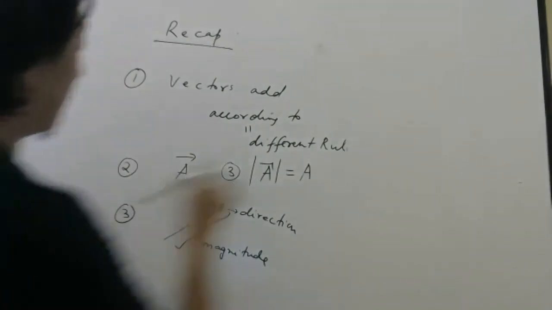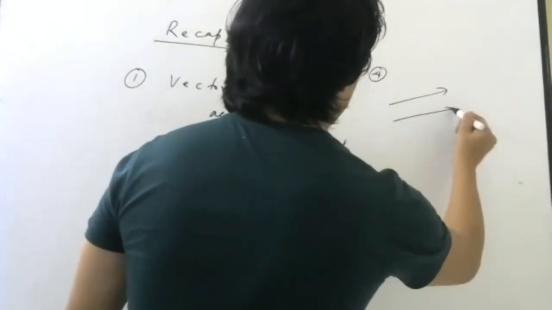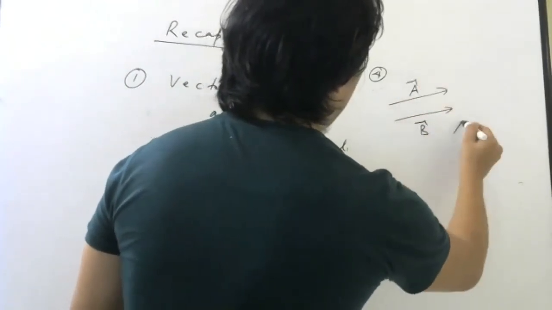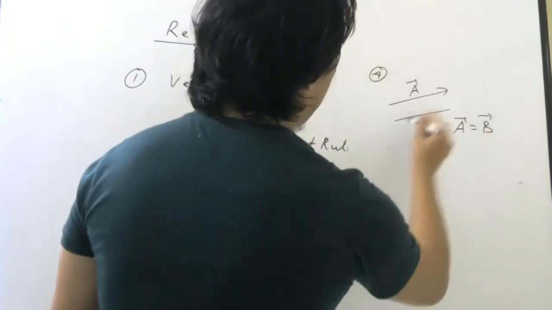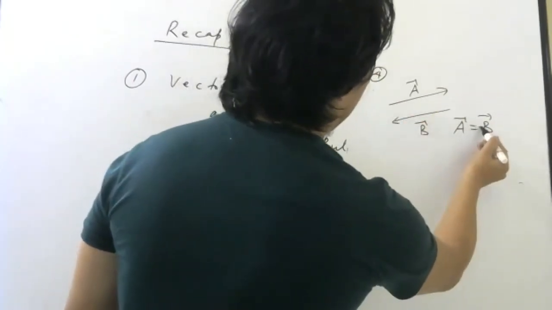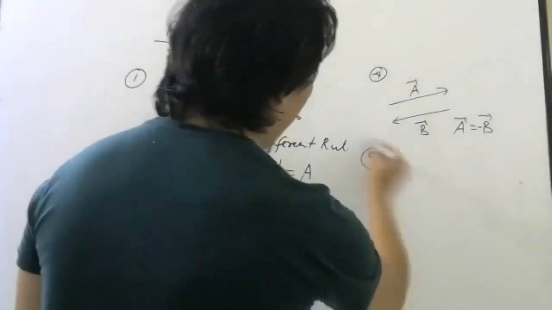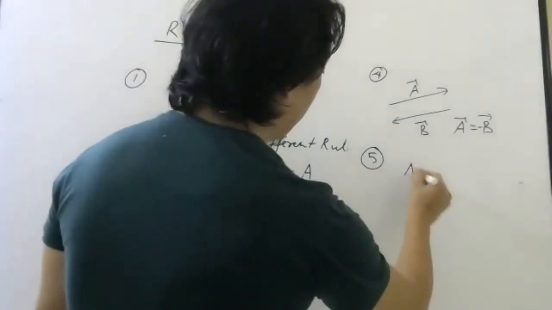And if two vectors are in the same direction and they have the same magnitude, we call them equal vectors. And if the arrow is reversed, they are called negative vector. And the most important thing for today is unit vector.